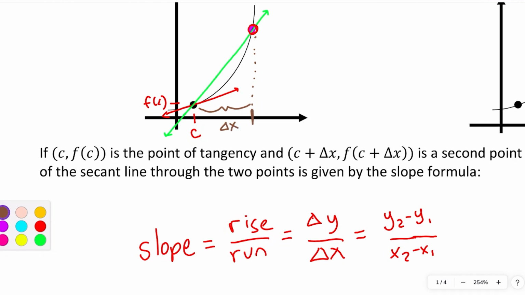So the x value of this other point I've chosen is c plus that delta x, plus that change in x. The y value of that point is going to be whatever the value of the function is at that c plus delta x.